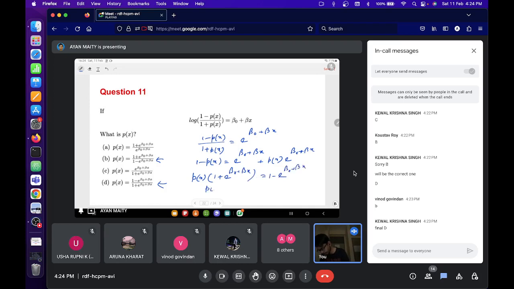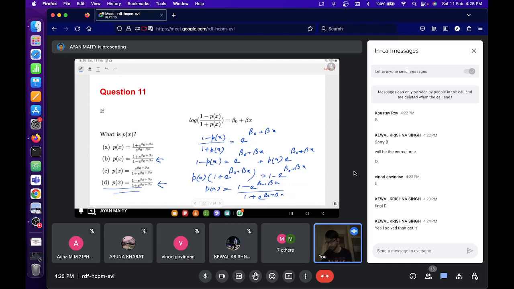So p(x) is 1 minus e to the power beta 0 plus beta x divided by 1 plus e to the power beta 0 plus beta x. So this is option D. Option D would be the right answer.